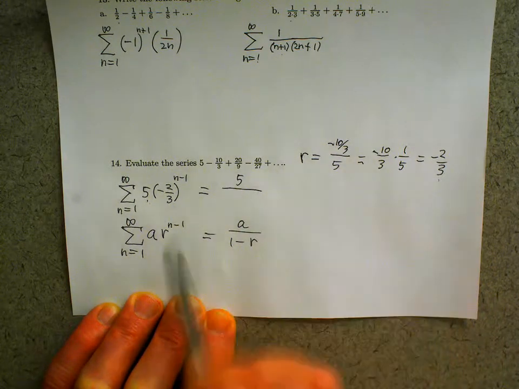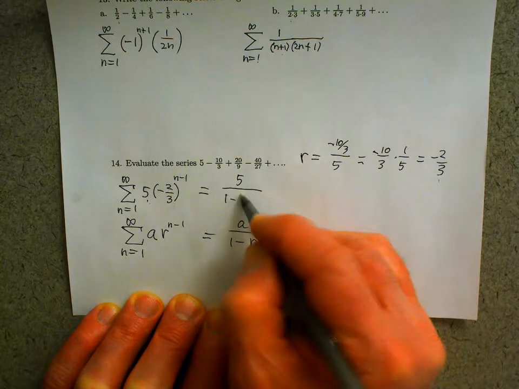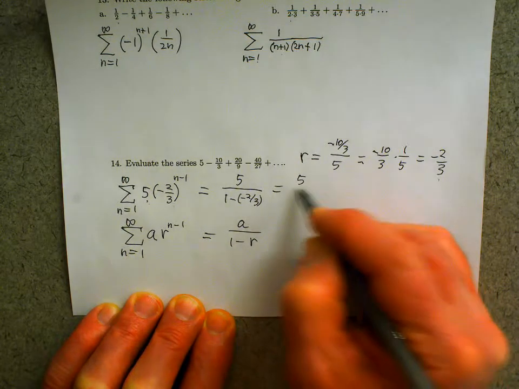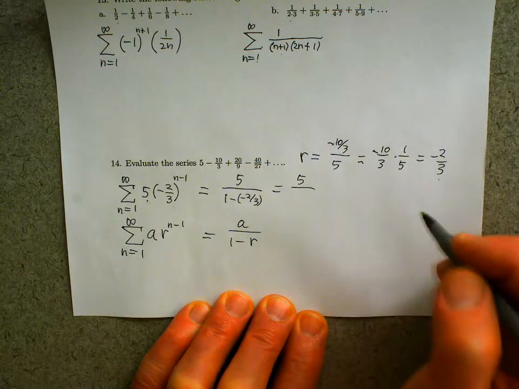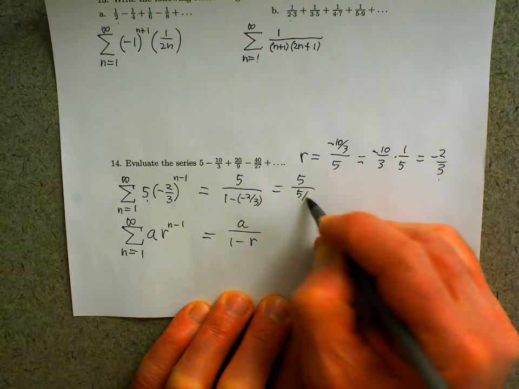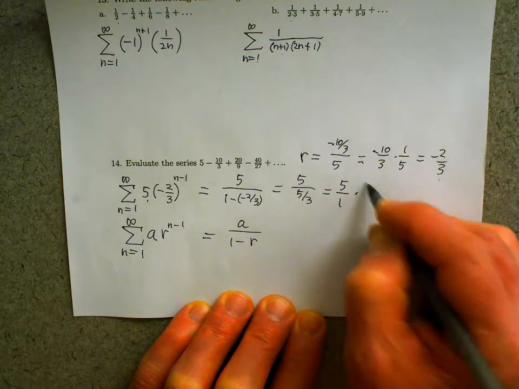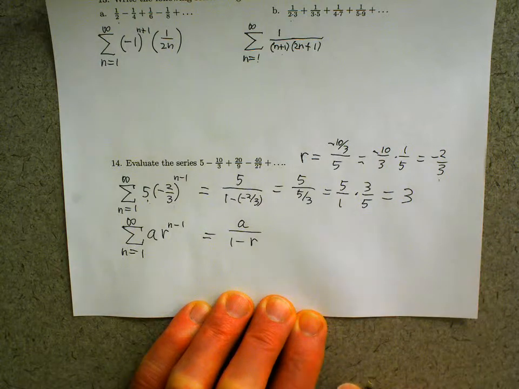The common ratio is negative 2 thirds, so in the denominator is 1 minus negative 2 thirds. So we get 5 divided by 1 plus 2 thirds, which is 5 thirds. And this is 5 over 1 times 3/5. So the series converges to 3.